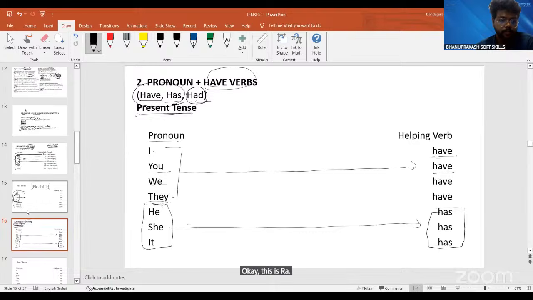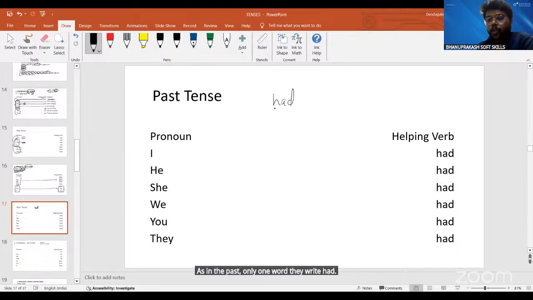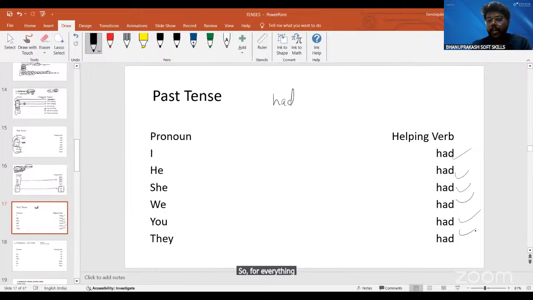Next, past. In the past, there is only one word, right? Had. So there are no two words. For everything, no matter whether it is a singular pronoun or plural pronoun, we use only had here. Like I had, he had, she had, we had, you had, they had.